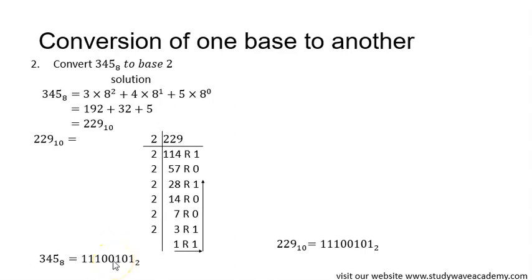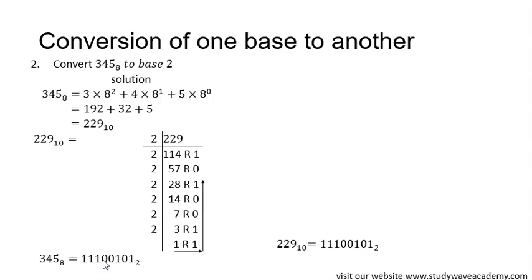Binary numbers are base 2, okay? They are a base 2 numerical system, which means they use only 2 digits, which are 0 and 1. So when you see a number like this with only 1s and 0s, this is a binary number, okay? And binary numbers are in base 2.